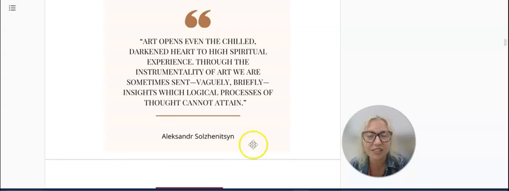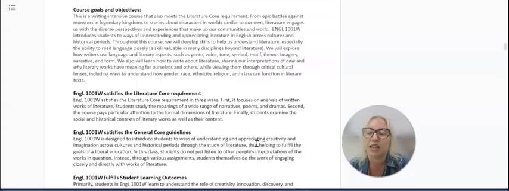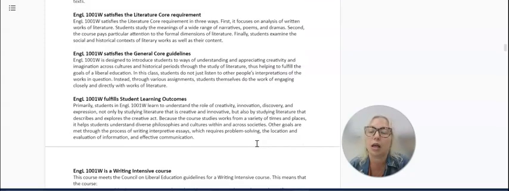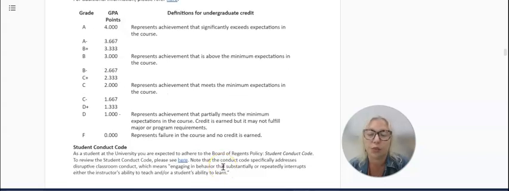All right, the rest of the syllabus is from the University of Minnesota, and so you can read that to find out all of the details. You will get a U of M credit, actually 4 credits, according to their grading system, if you're signed up for the CIS English 1001W course.